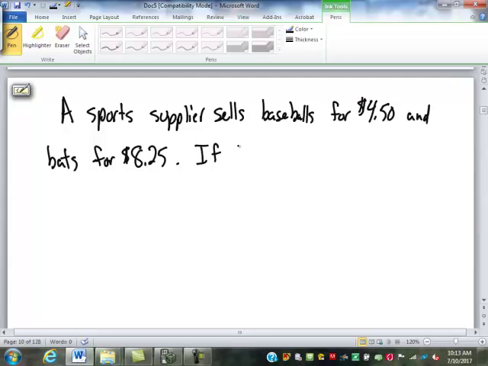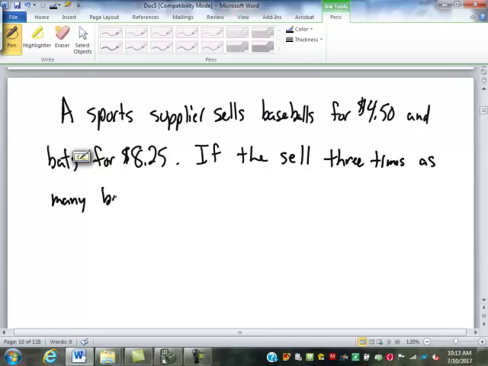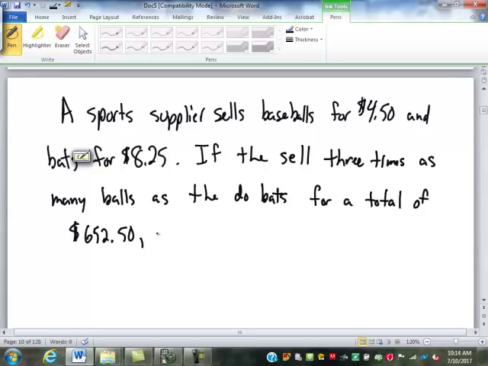If they sell three times as many balls as they do bats, for a total of $652.50, how many of each were sold?